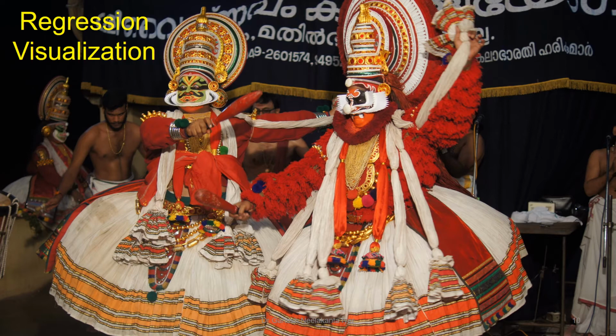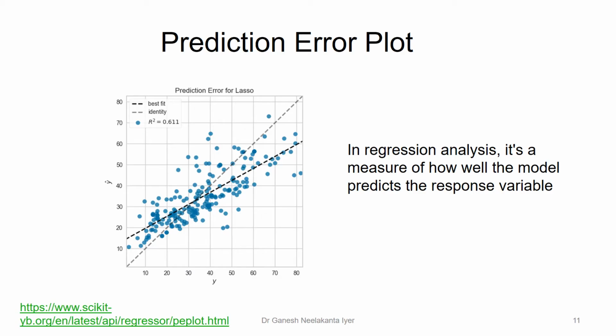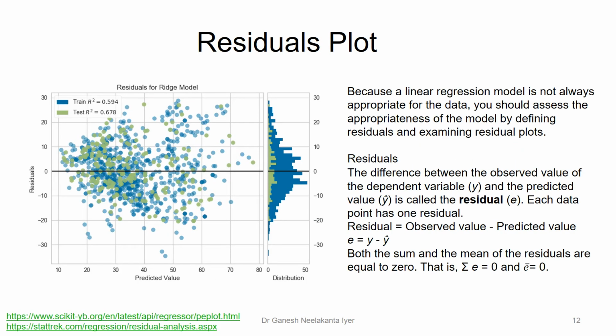What about regression visualization? Prediction error plot. In regression, it's a measure of how well the model predicts the response variable, how much error you have. Another measure is the residual plot, because a linear regression model is not always appropriate for the data.